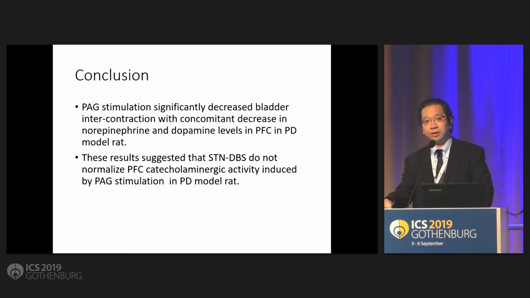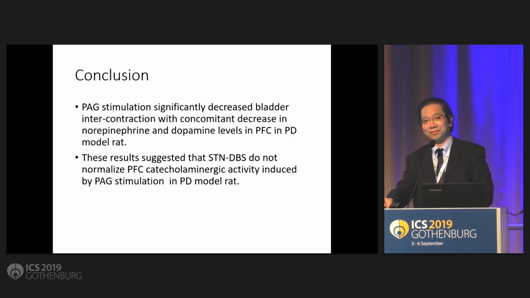So at the time, without the PAG stimulation, do they change the catecholamine levels in the PFC? So the levels of catecholamine in PFC decreased during STN stimulation. Still improve the bladder overactivity.